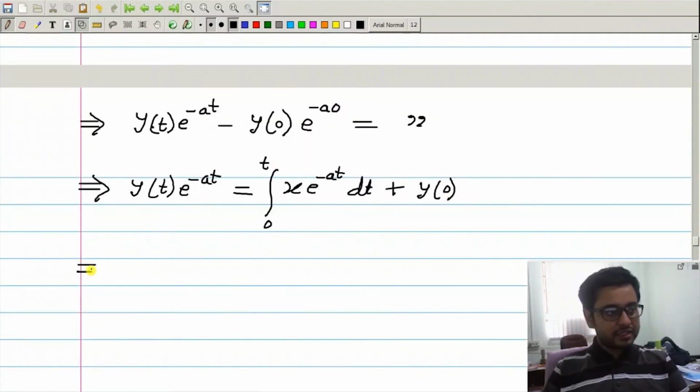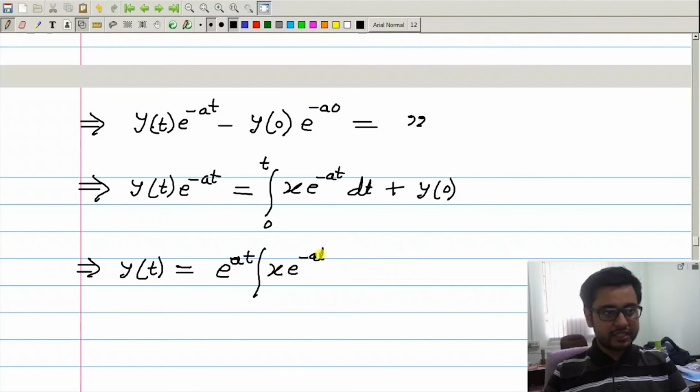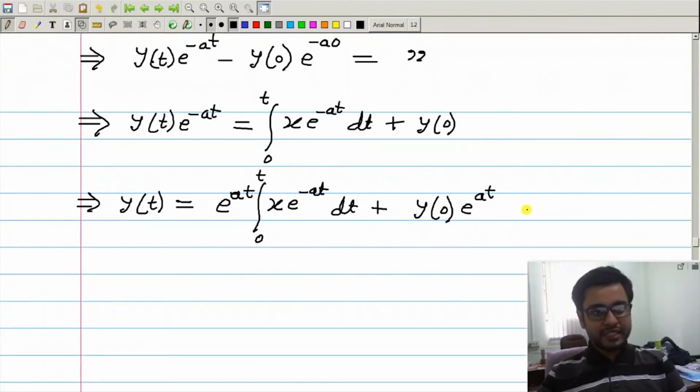And from this you can get the output y by dividing with this term, and the result will be e to the power plus at, integral of x e to the power minus at dt from 0 to t, plus here we will have y0 e to the power at. So this is the solution.